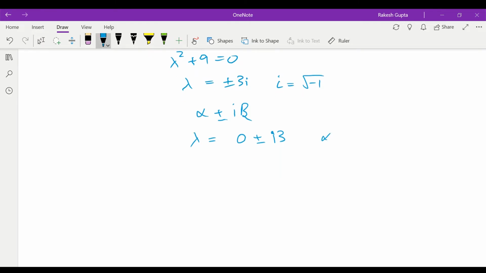So here alpha is 0 and beta is 3. So the solution for the homogeneous part is going to be given by e power alpha x multiplied with a cos beta x plus b sin beta x.